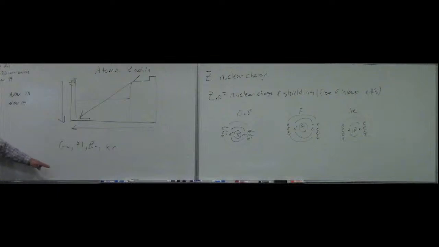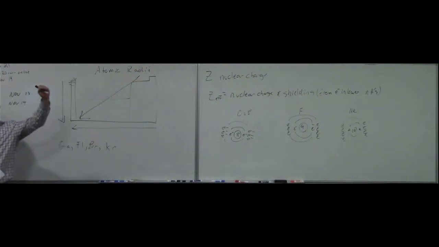The most important thing to look at is your principal quantum number. 1, 2, 3, 4, 5, as far as its valence electrons. And then I want to look from left to right.